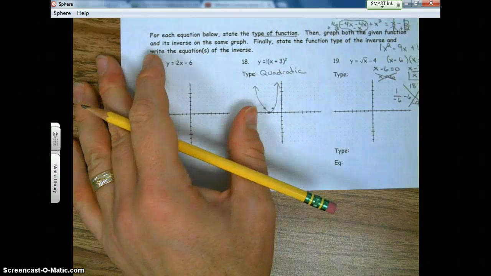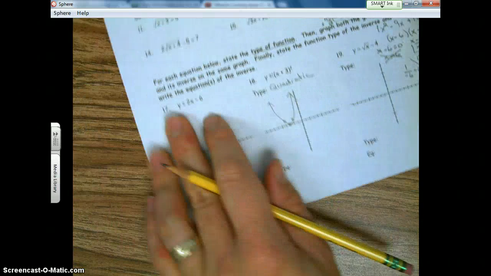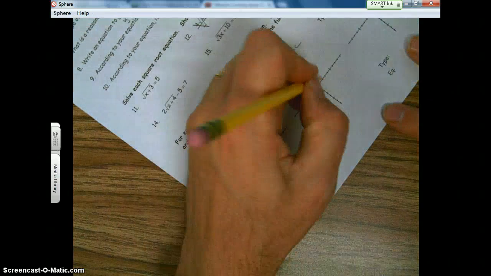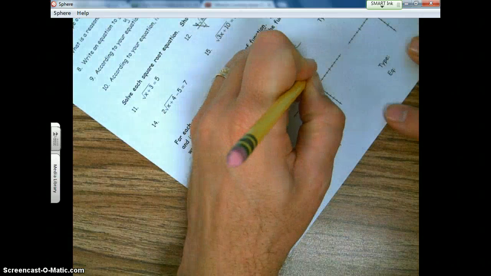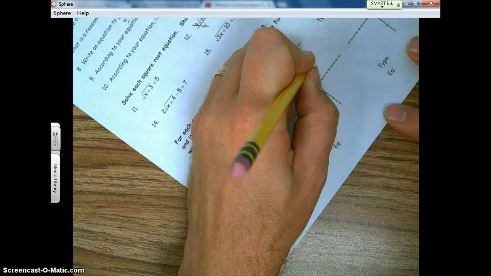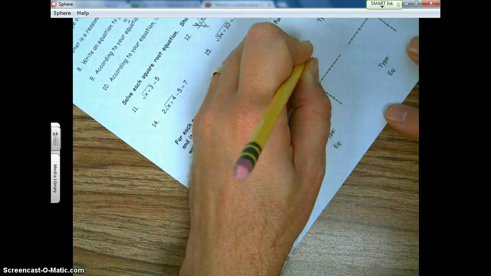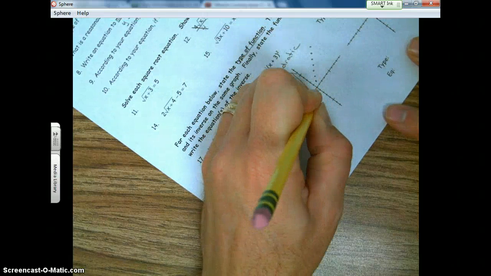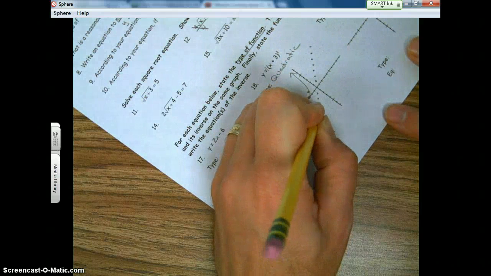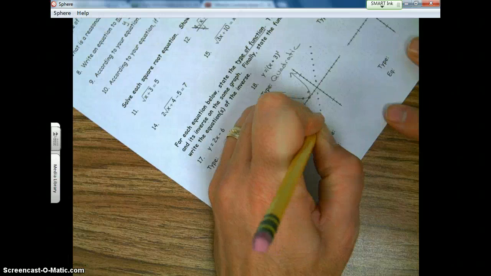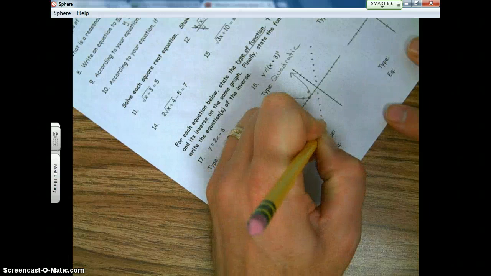Now, it doesn't say it here, but it's very helpful to put in our line of symmetry when doing inverse. Now, I have less than a minute left. So when this runs out, it runs out, okay?